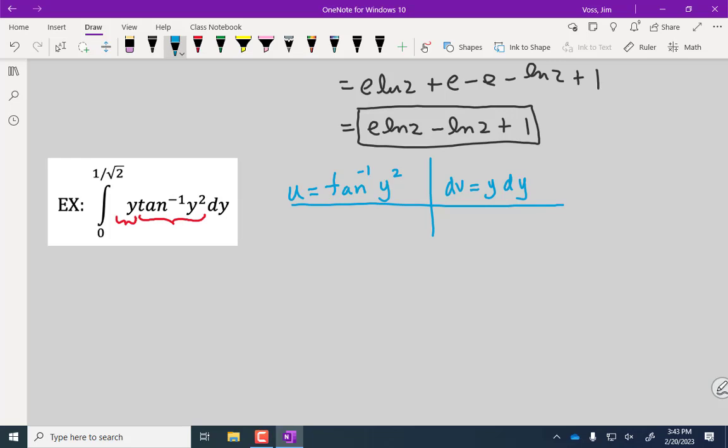All right, let's see if you did it right. So this is going to be 1 over 1 plus y to the 4th. And what goes in the numerator? Say again? 2y. 2y goes in the numerator.